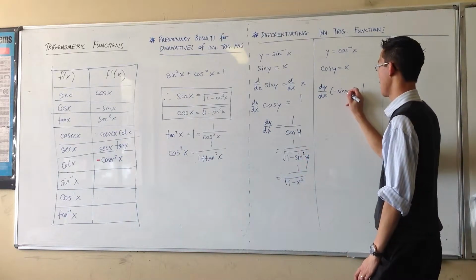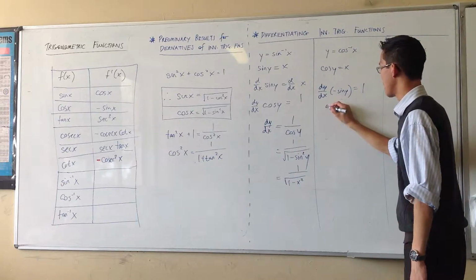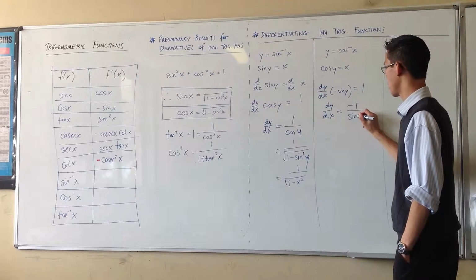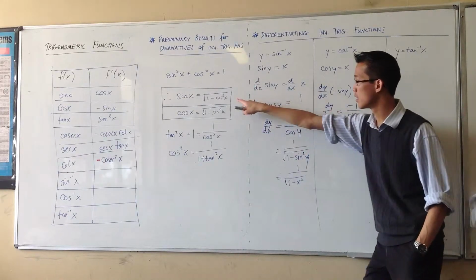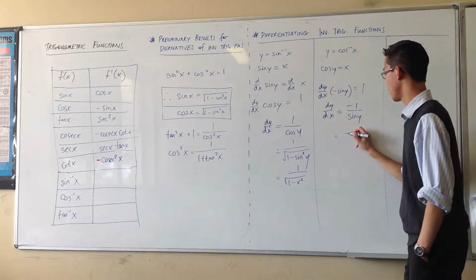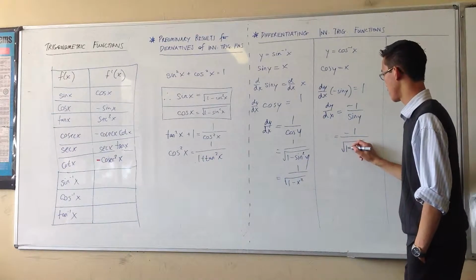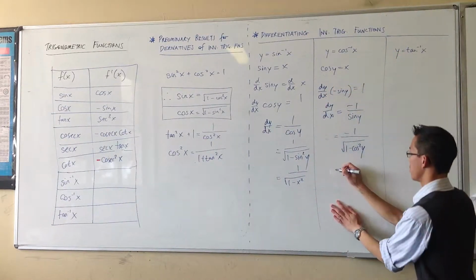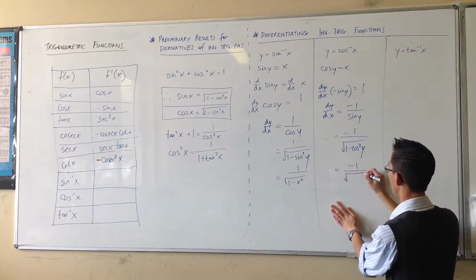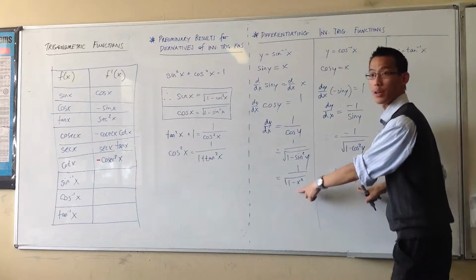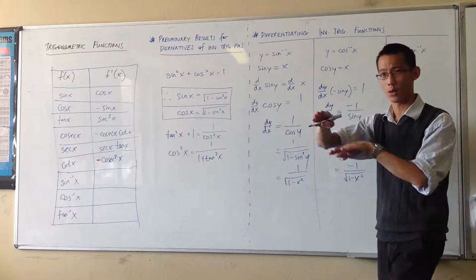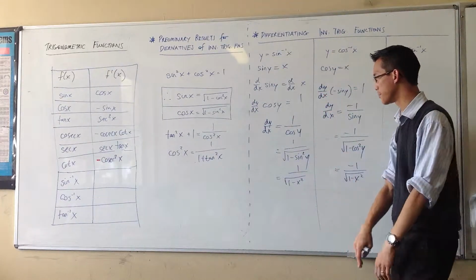So minus sine y. Then, as I did before, I'll toss that over the other side. Okay, and now I use this identity here. Minus 1 over the square root of 1 minus cos squared y. And of course, cos y is just x. So that's how you get this result. Which is exactly what you ought to expect, because these are really the same graph, but reversed. And of course, they're shifted up and down as well.